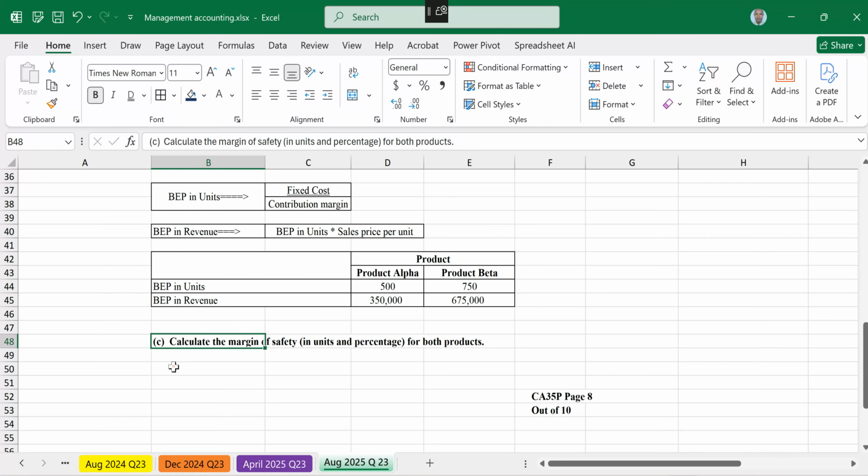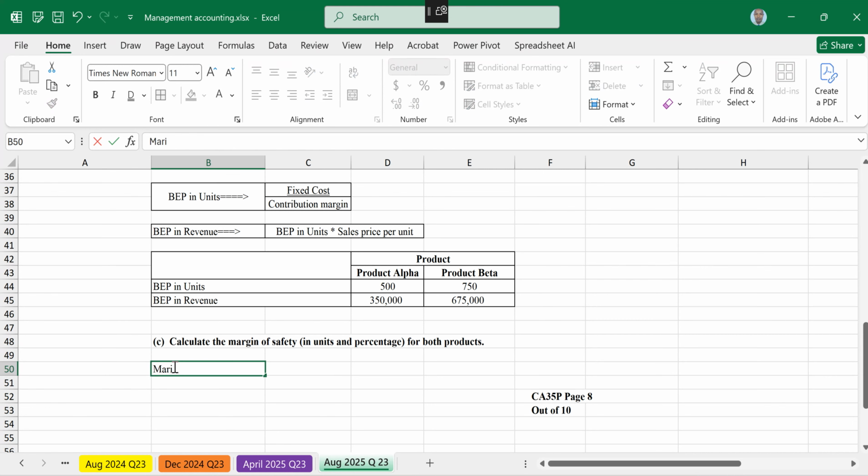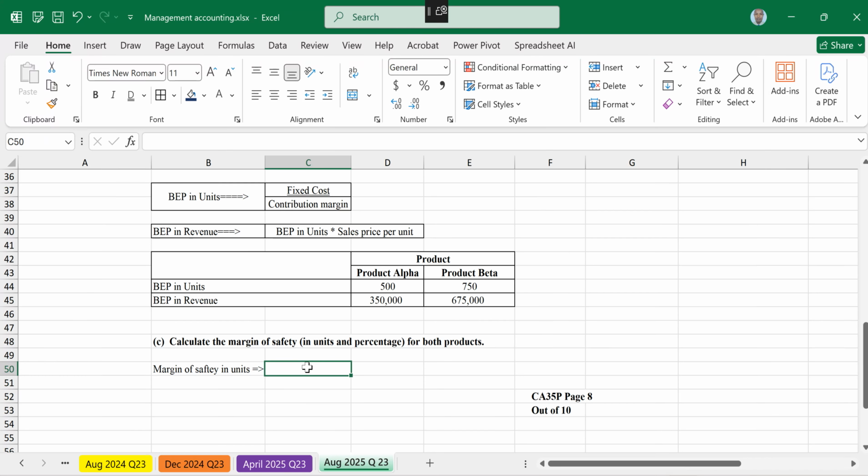Now margin of safety is equal to, margin of safety they wanted in units. So margin of safety in units is equal to units sold minus BEP units.